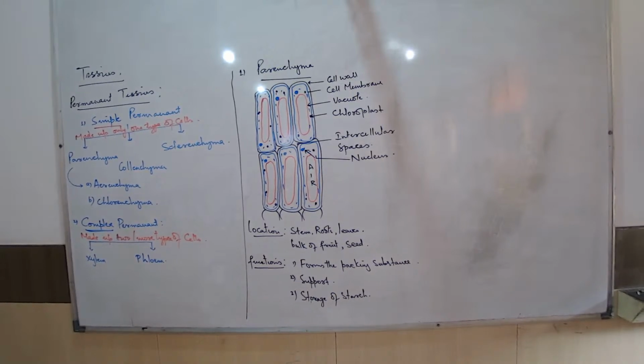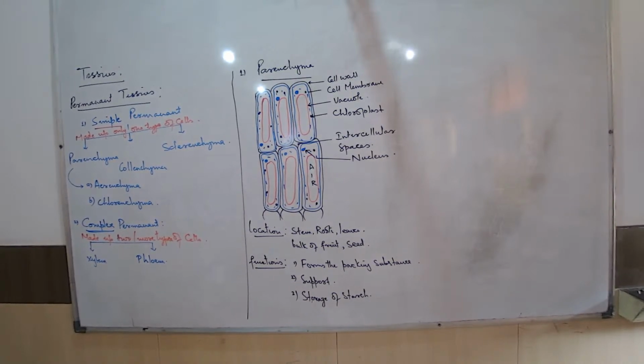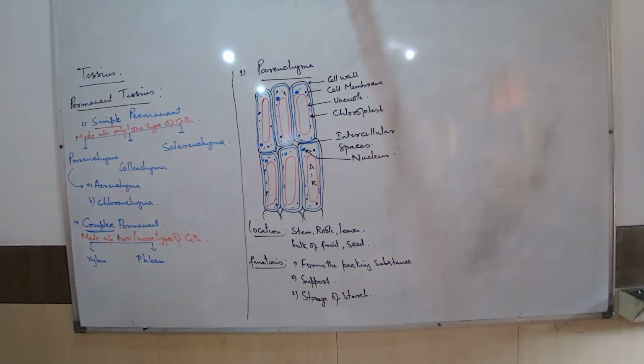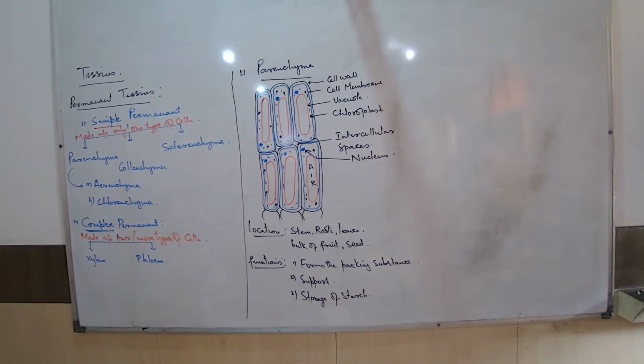Then what is the special feature of the parenchyma in those aquatic plants? The cells are not filled with sap. Rather, the cells have a vacuole and the vacuole is filled with air. That is the reason the plant parts are so light, that is the reason they don't sink, and that is the reason they can easily float on the surface of the water.